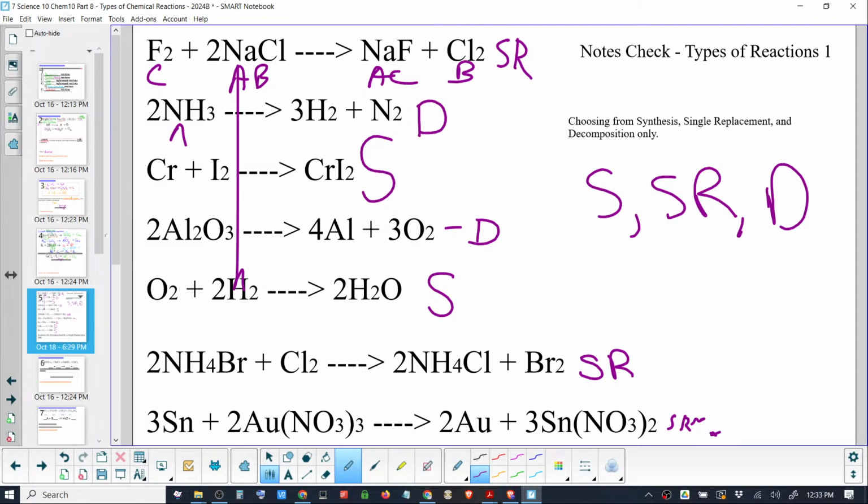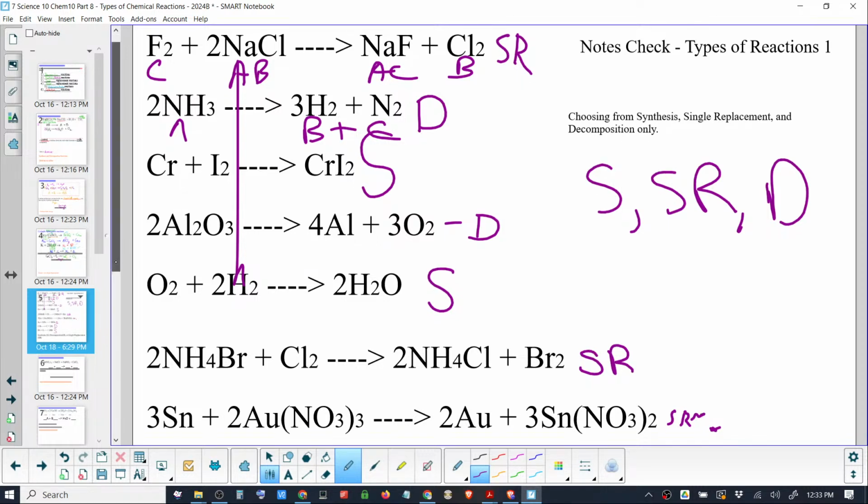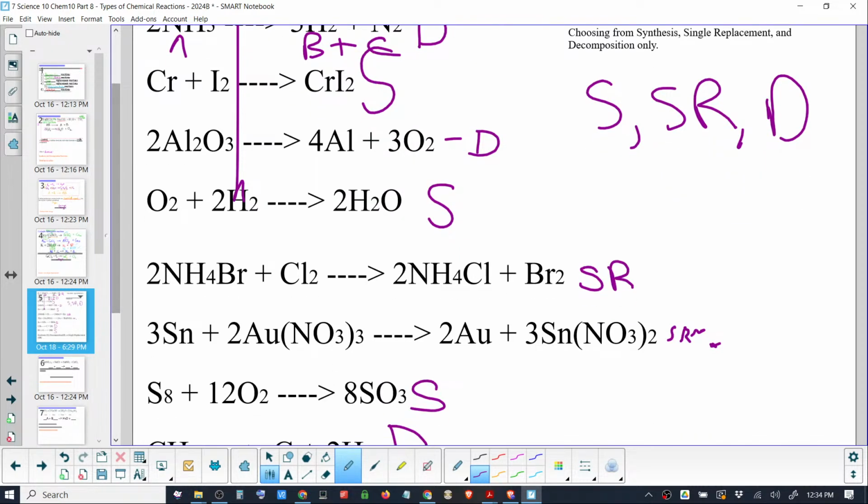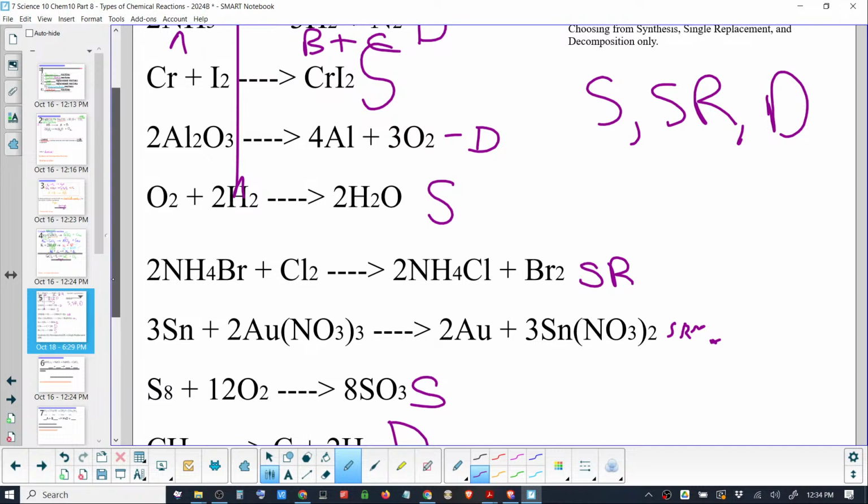You have one thing going to 2 things, that's a decomposition. 2 things going to 1 thing is a synthesis. A pair and an element going to a pair and an element, single replacement. An element and a pair going to an element and a pair, single replacement.